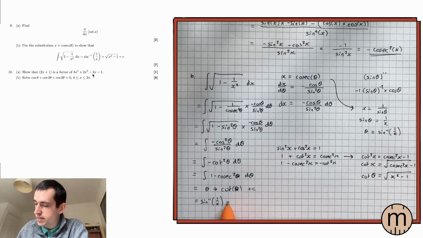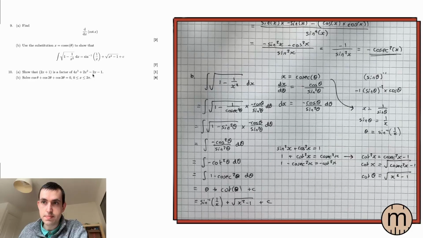And again, that's pretty good because that's exactly what's written. And didn't need any more steps, but there we go, put plus c on the end. Matches up exactly. Happy days.